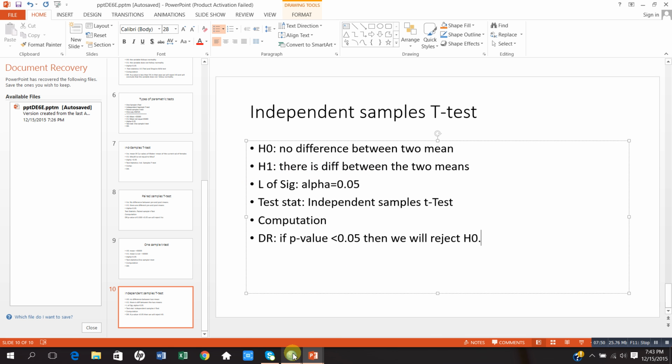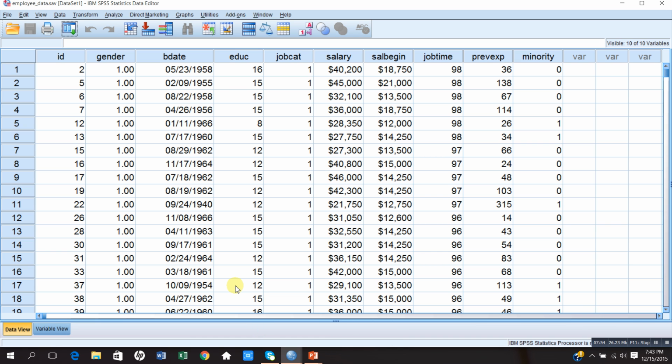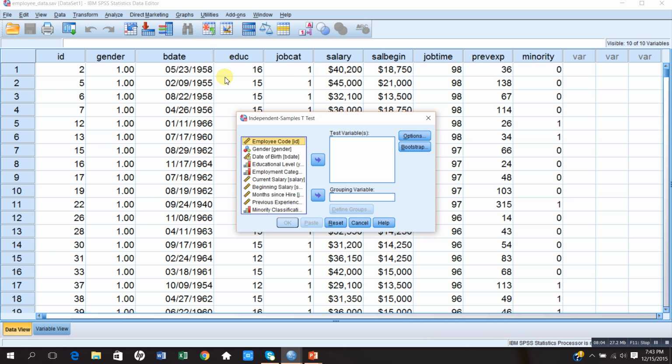So first let me compute the independent samples t-test. I will go to analyze and go to compare means, and this time I will click on independent samples t-test, and this is my variable of interest, and it says grouping variable.